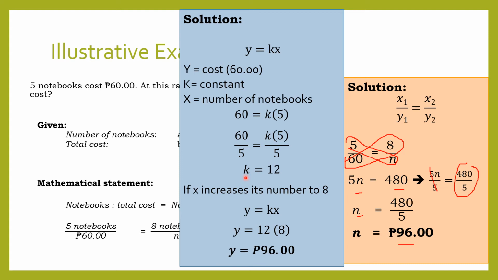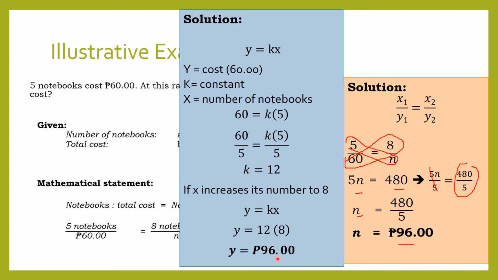But then we are looking for the unknown. What if x, or the number of notebooks, increases to 8? How much will be the cost? So y is equal to kx. Let us substitute. y is equal to 12 times 8. So our y, or the cost of 8 notebooks, is 96 pesos.